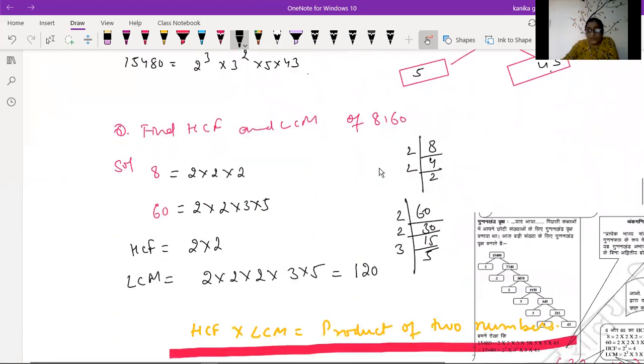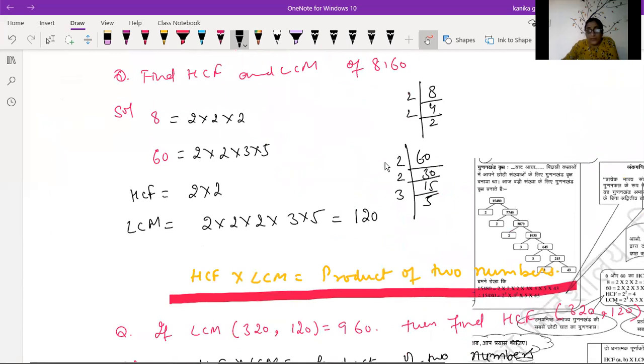Now find the HCF and LCM of 8 and 60. We have to find this. Now 8, when we use the prime factorization, is 2 multiplying by 2 multiplying by 2. And 60: 2 times 30 is 60, 2 times 15 is 30, and 3 times 5 is 15.